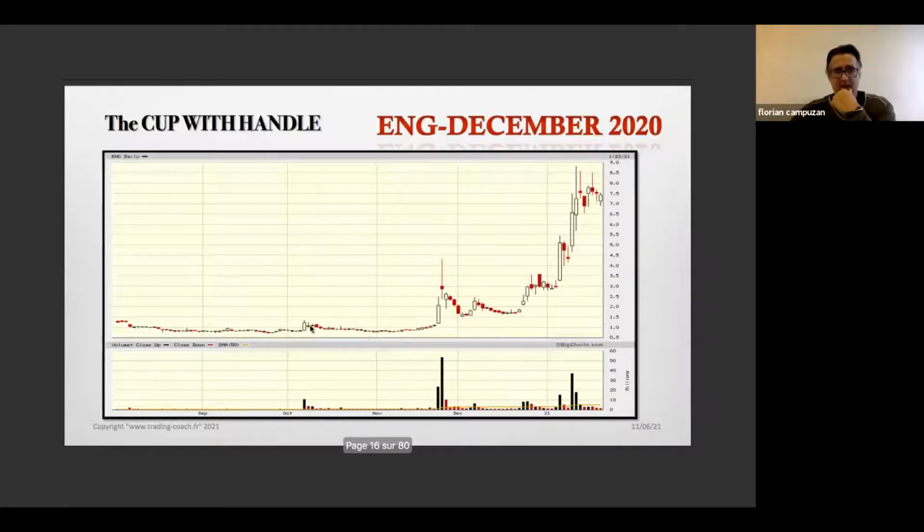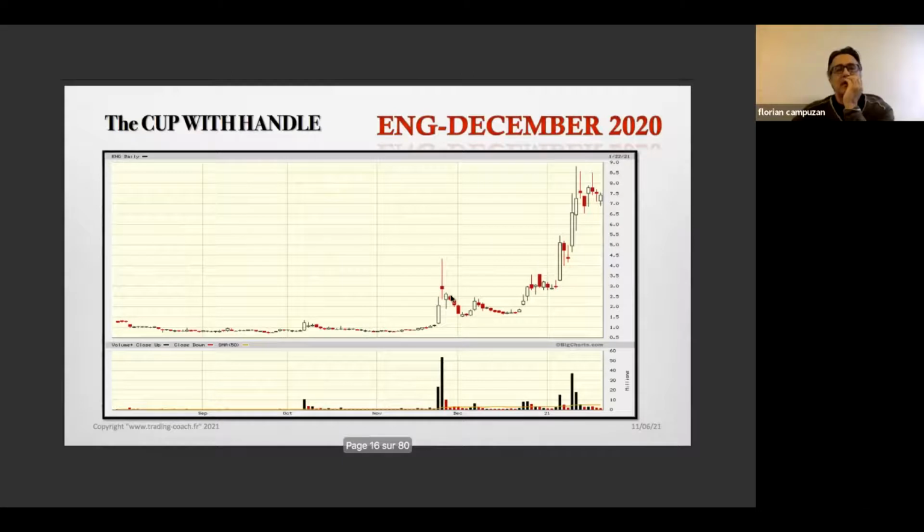And a long phase of consolidation and big spikes. Maybe I entered here and I was stopped out at break even because I just adjusted my stop, but it could have been a flat base. Here we don't see things that are really good.